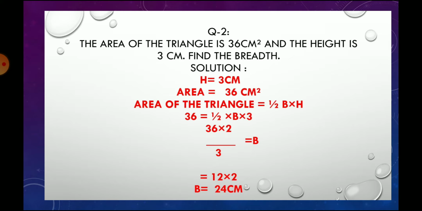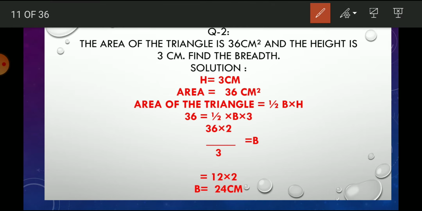See, area of the triangle is half into b into h. So 36 equal to half into b into h. The value of h is 3, so 36 equals half into b into 3.